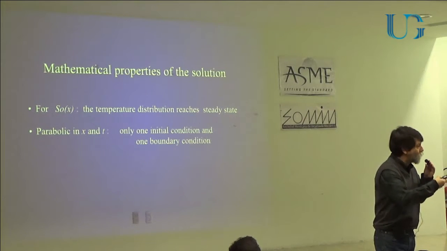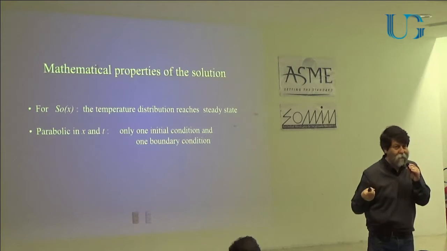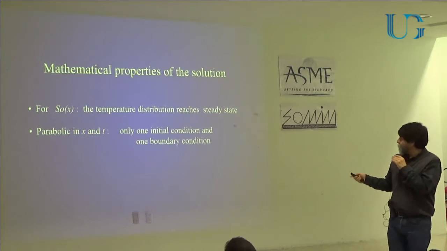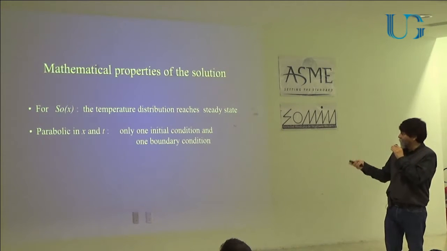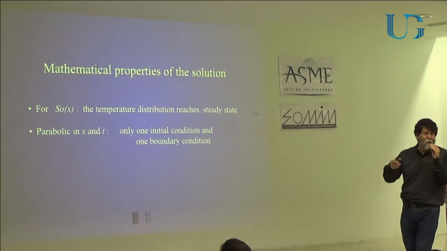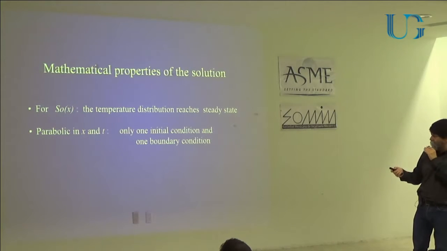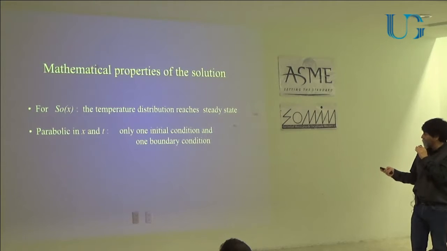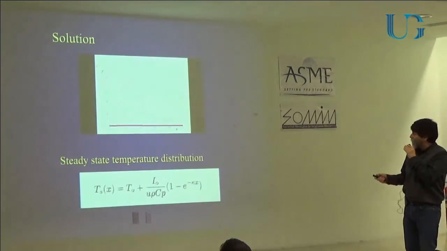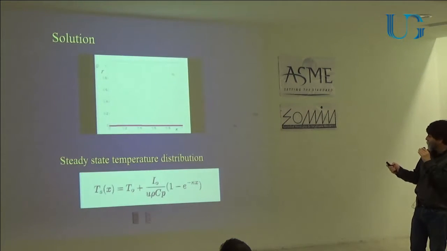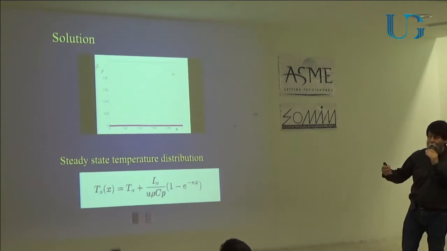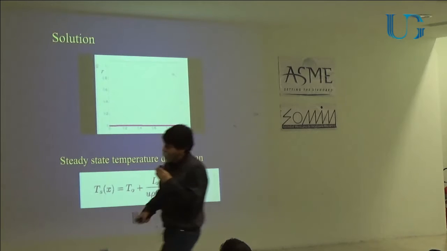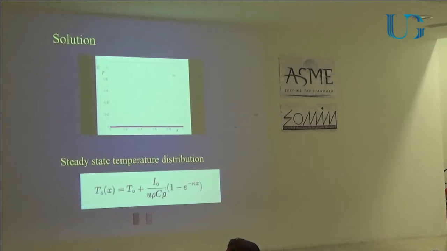The heat will be extracted from the outlet of the system, right? And it is parabolic in x and t, so we have only one condition on each variable. That's not very important in this context. Now let's see what happens to the temperature as a function of x as time goes on. And I hope this works.